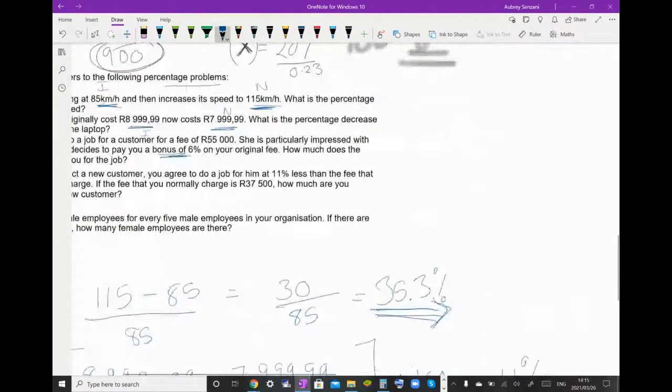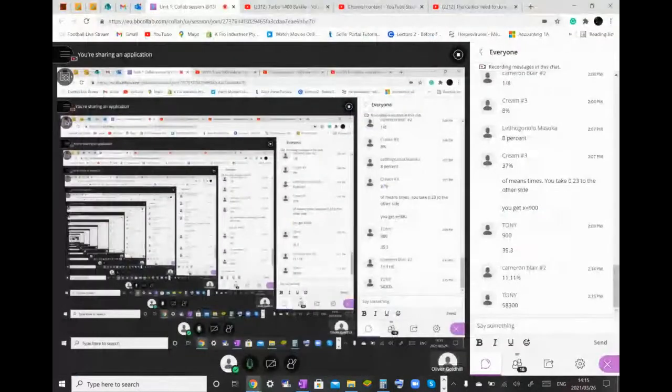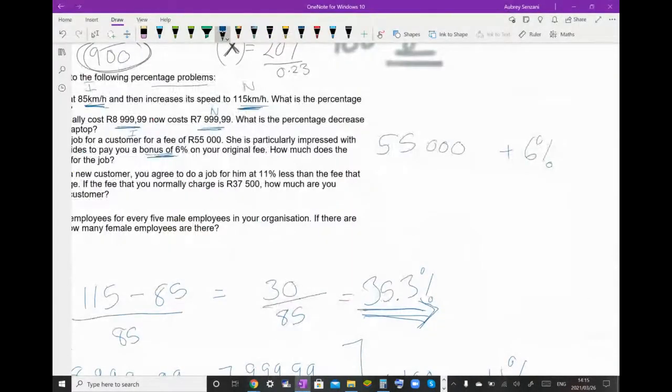Okay, so the cost is 55,000, and then they give us plus 6%. Another way you can do it, if you want to be fast, is to say this is already 100%, and we want a plus 6%.